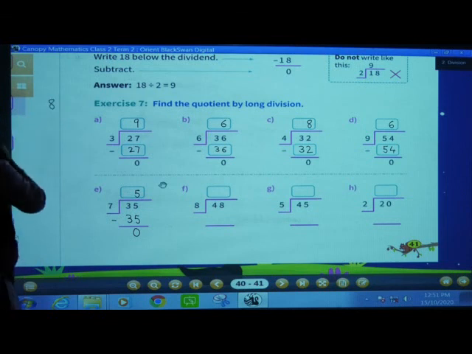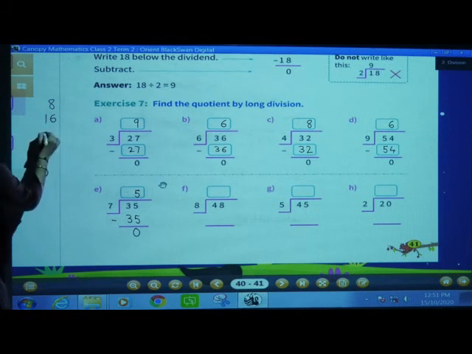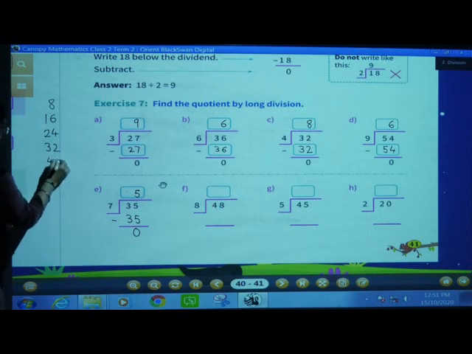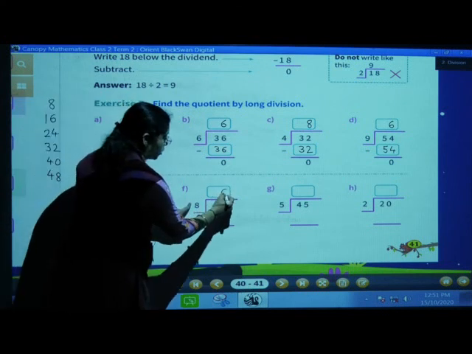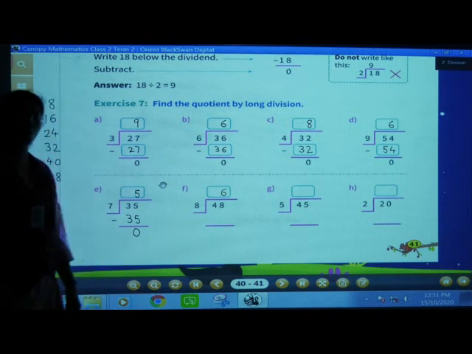8 ones are 8. 8 twos are 16. 8 threes are 24. 8 fours are 32. 8 fives are 40 and 8 sixes are 48. 8 sixes are 48 means 6 is the quotient.